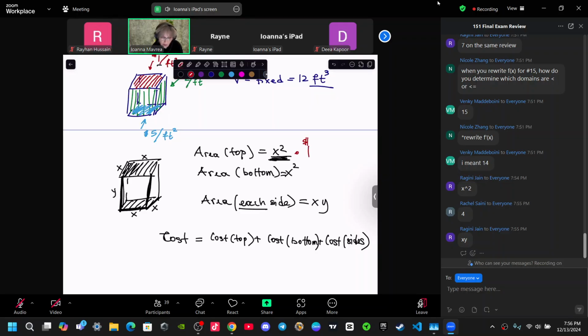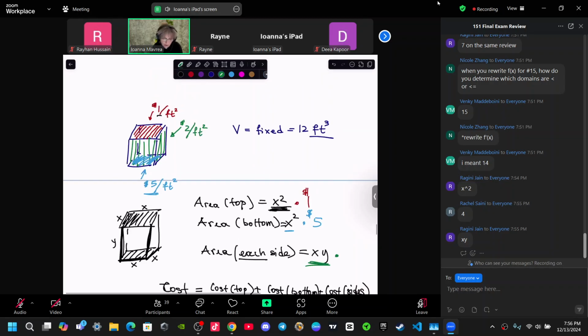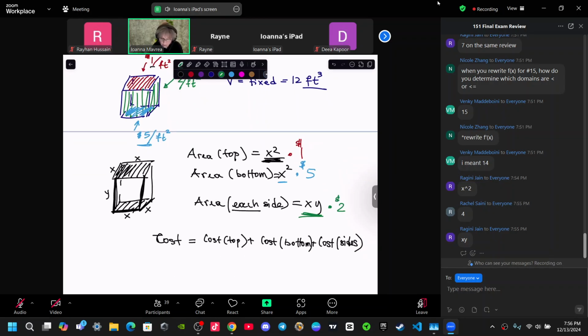The cost for the bottom is however many square feet you have times 5, and the cost for the sides is how many square feet you have times 2. But you have 4 of these, so these are all the sides.